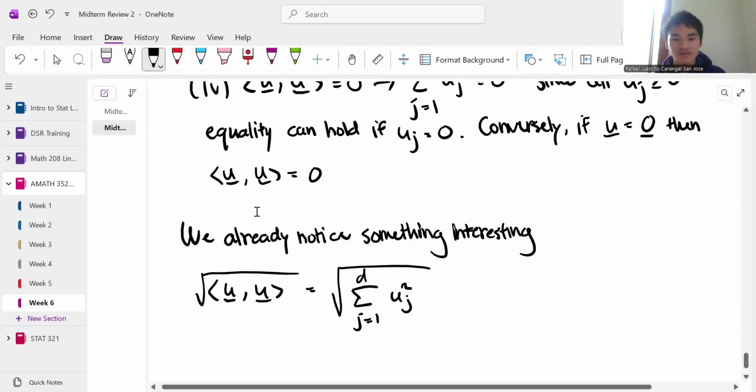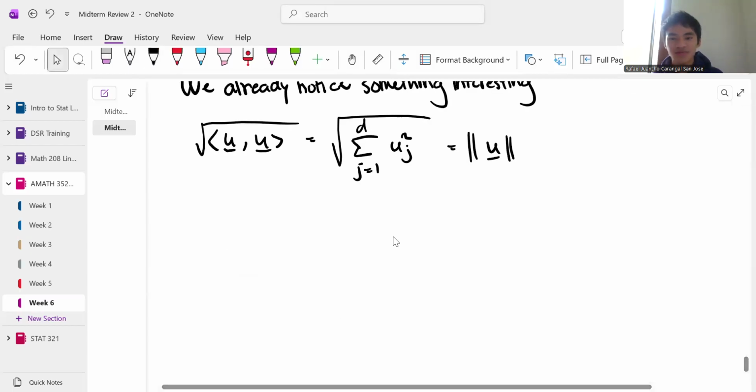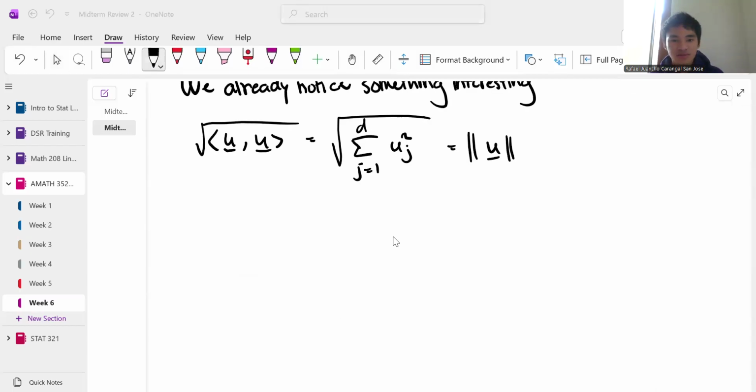Square j. And that's the same thing as the norm of that u vector, or the magnitude, right? So we did talk about magnitude in, I forgot which one, lecture 2, I think. So what does that mean? The square root of the inner product is just the norm.